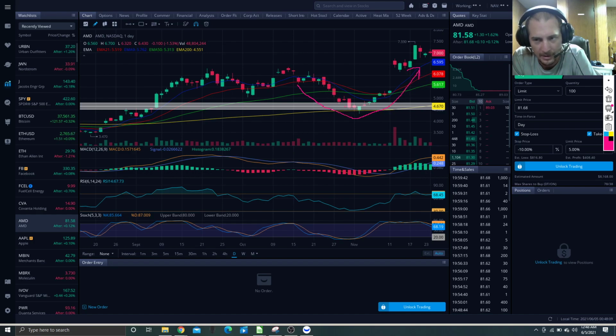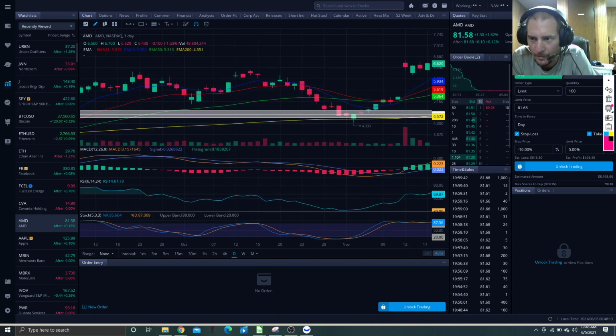See here, it comes down, and then if you zoom in, you've got MACD's crossing up, your RSI is oversold, going back to its levels, your stochastic's making an uptrend, 3 check marks there, and then you get your V-shaped reversal pattern here.